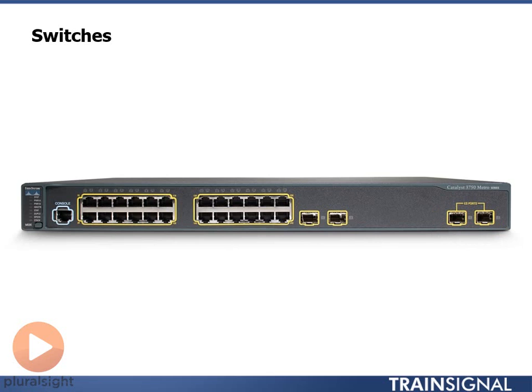A 3750 switch is called a layer 3 switch. Now, that term you may have heard before. What the heck is a layer 3 switch? This is probably the most poorly designed label for a device that I've ever seen. A layer 3 switch is a switch that can also do routing.